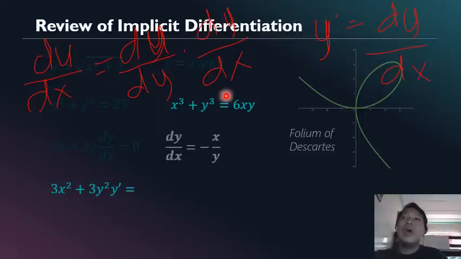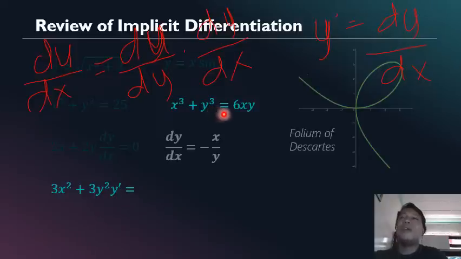Kasi nga, yan ay y. So, kung dinidifferentiate mo with respect to x, lalagyan mo pa siya ng dy over dx. So, para hindi na magkaroon ng numerator at denominator, I just simplified dy over dx in terms of the notation y prime. Now, so this term, 3y squared y prime is the derivative of y cubed with respect to x.